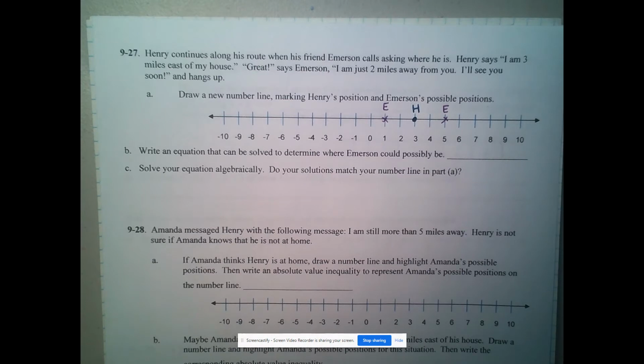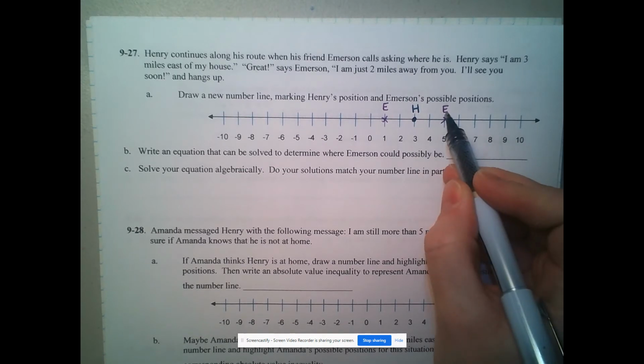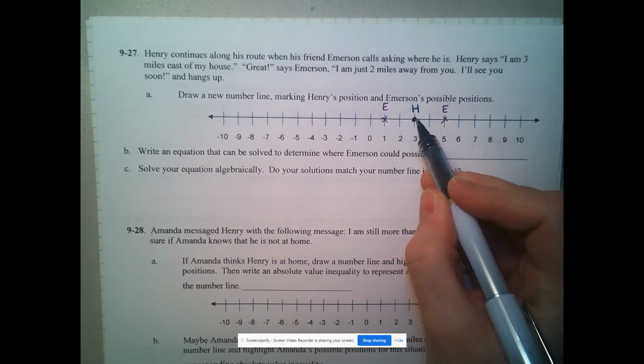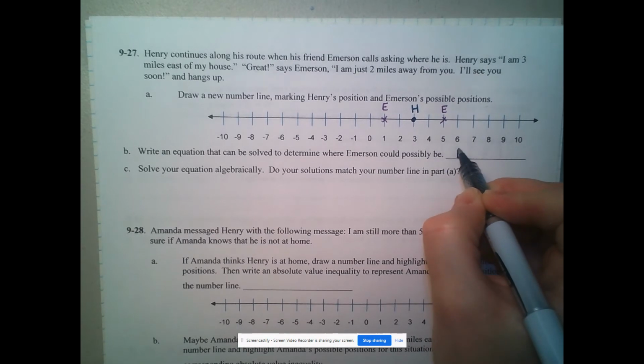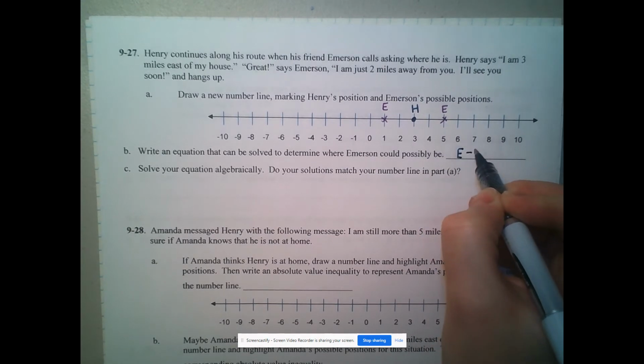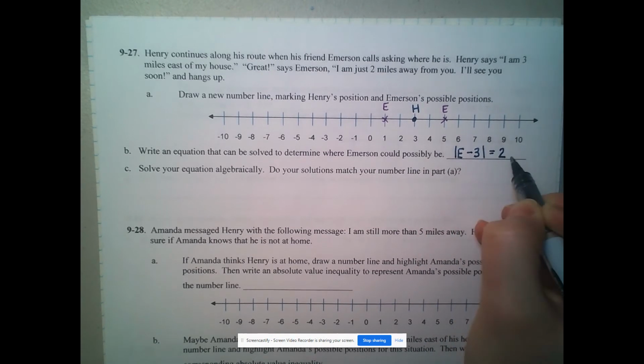So we're going to talk about some really important things here. First of all, we're going to say the difference between Emerson and Henry's location is 2. Now, we know Henry's location is here at +3. That is a constant. So if we take Emerson's location minus Henry's 3, we've always got to come up with a difference of 2, right?